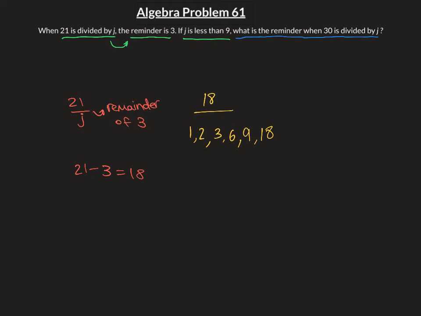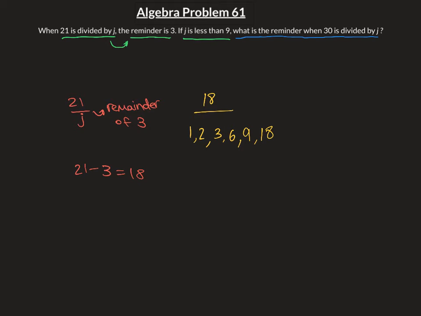So we have these 6 numbers, which can all multiply by a certain number to get 18. Now, how do we narrow it down out of these numbers?